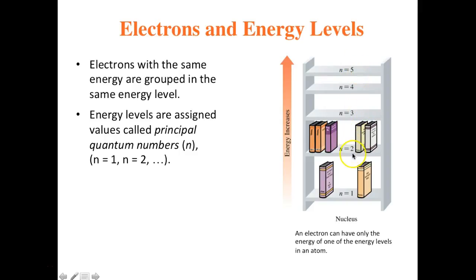So that same analogy can be applied here, as n equals 5 has the highest principal quantum energy compared to n equals 1.